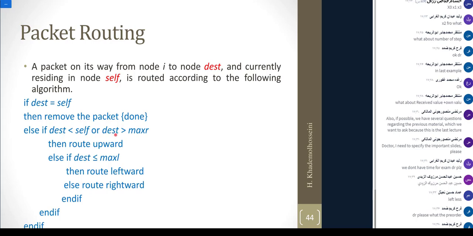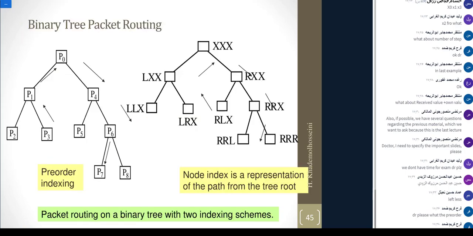Another condition: dest is greater than max R. For example, we want to send from this point, self is 1, dest is 4. What is max R of P1? Can you tell me what is max R?